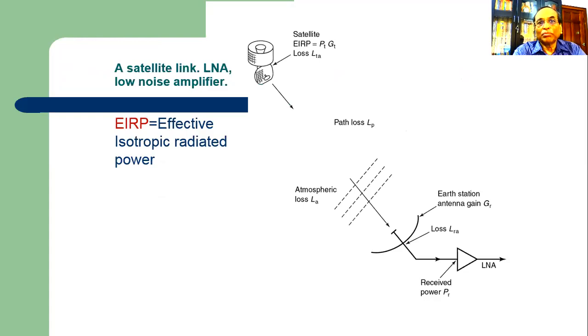This is the actual layout, how the signal is propagated from the satellite antenna to the receiving antenna at the earth station.